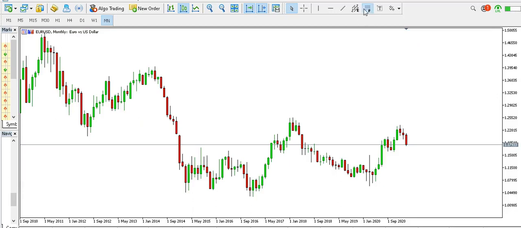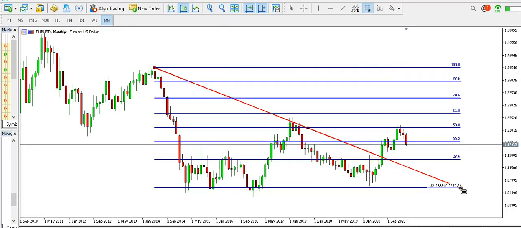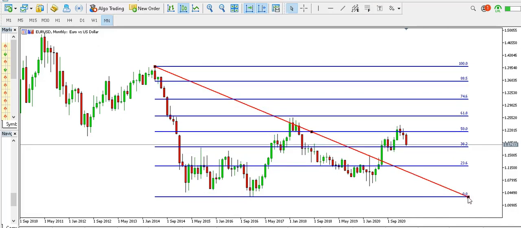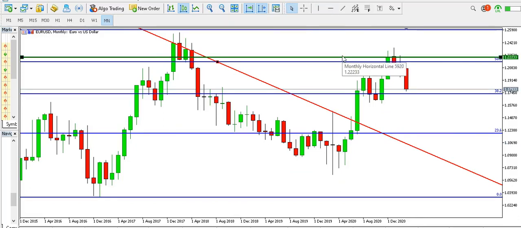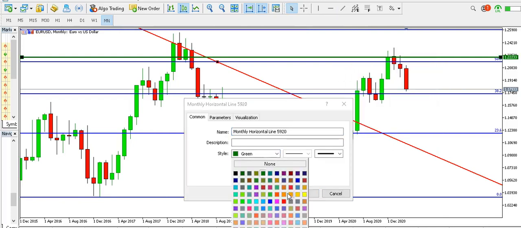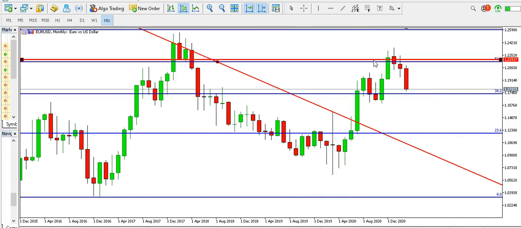Okay, I can decide to pick this as my top and extend my Fibonacci tool like this. Okay, then I will mark the Fibonacci levels. Like I'm on the monthly chart, so I'm going to mark with red horizontal lines. Okay, 50% has been marked with a red horizontal line.